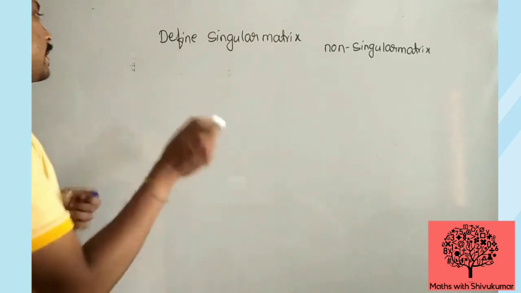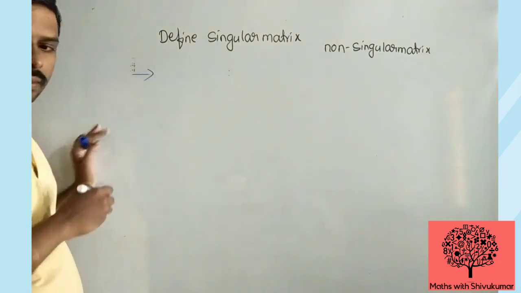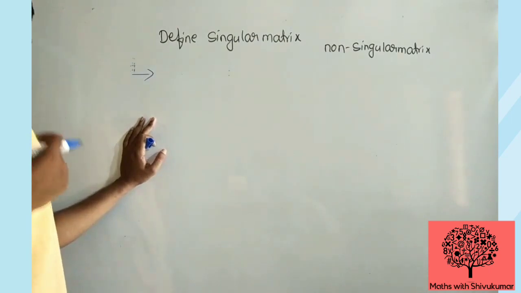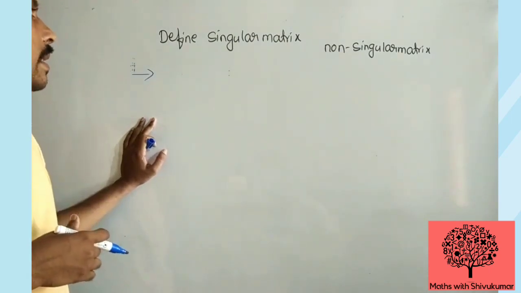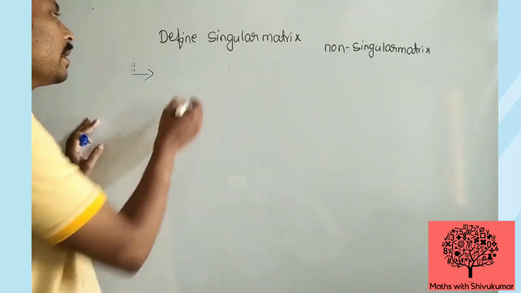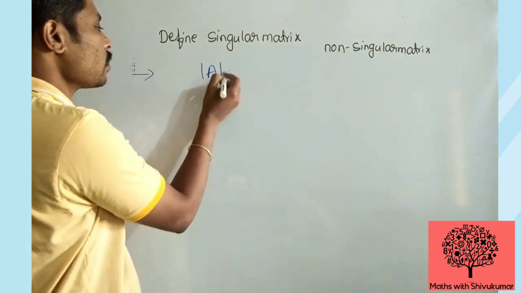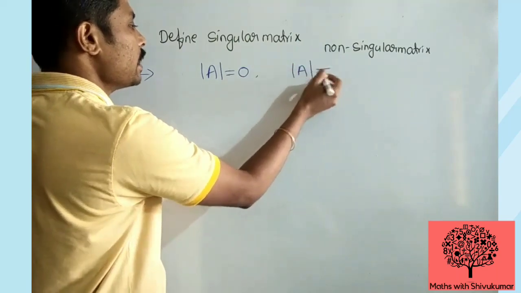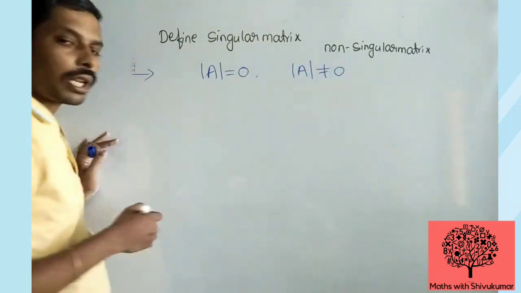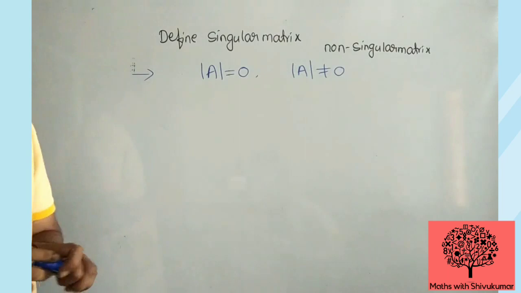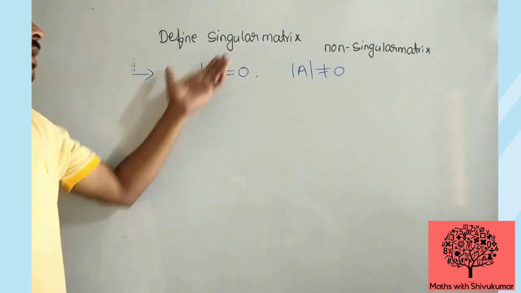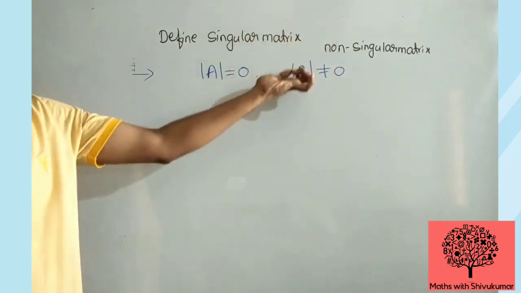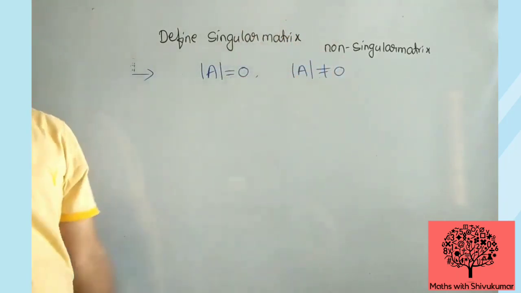A matrix is said to be singular. Very good, Chand. A matrix is said to be a singular matrix if the determinant of A is equal to 0. Non-singular means the determinant of A is not equal to 0.